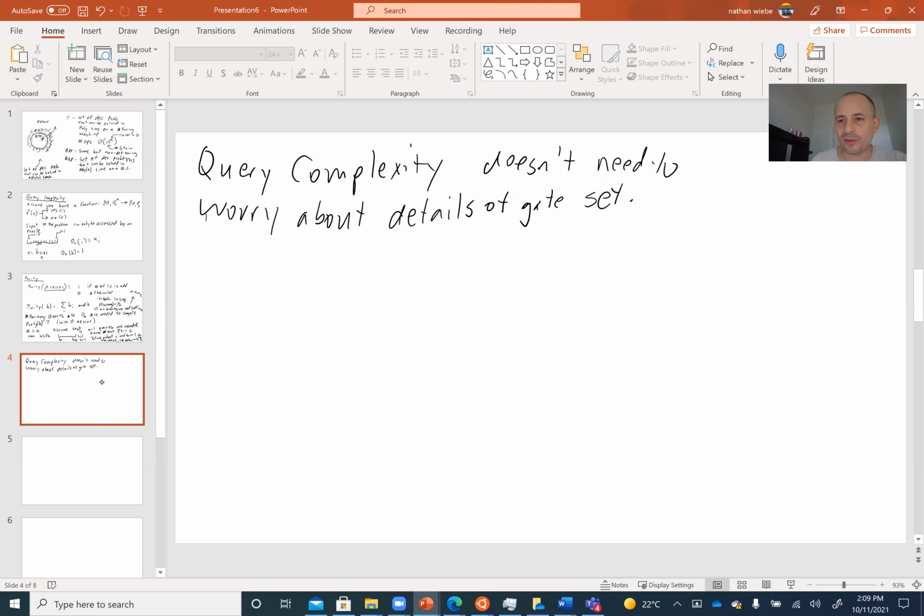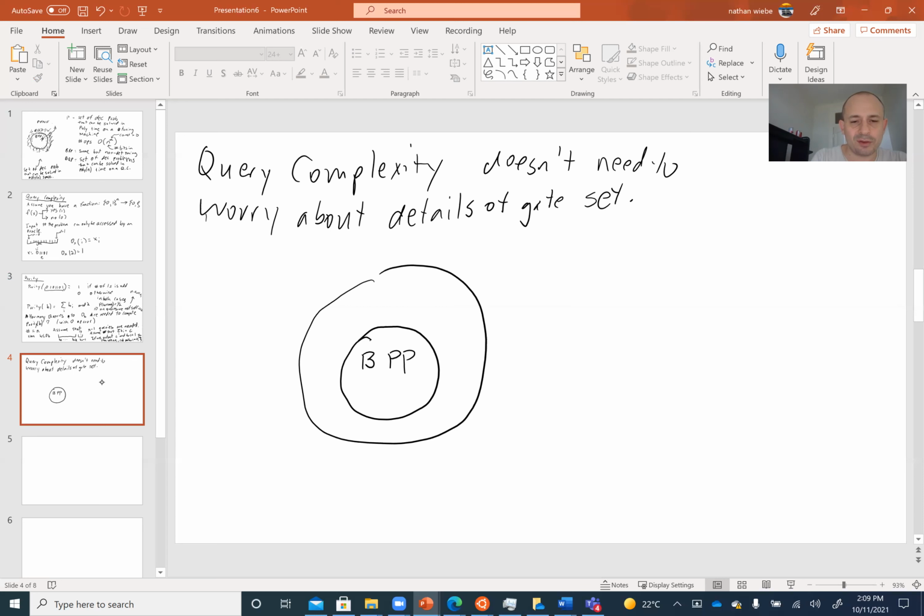And in fact, well, we don't know in terms of time complexity whether or not a non-deterministic Turing machine in BPP can polynomially simulate any quantum computer, i.e., we don't know whether or not there's a gap between these two complexity classes.